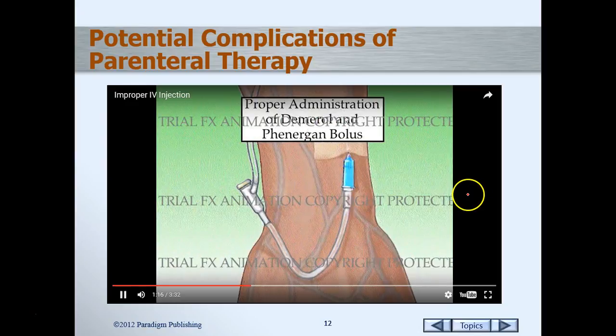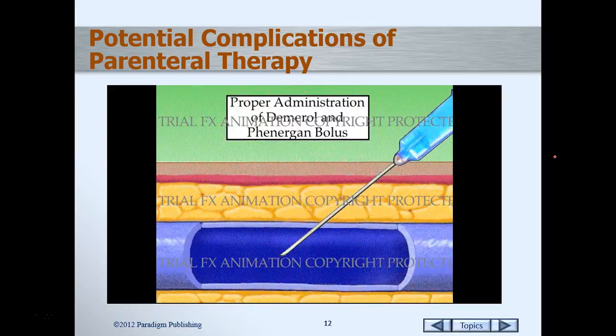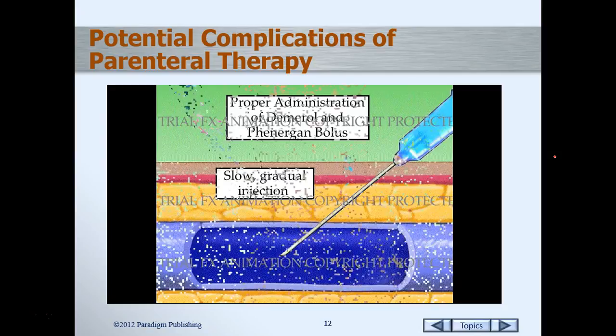They're going to give the illustration of giving a bolus dose using an IV push using a syringe and the effects as administration is done properly. This one is a slow, gradual injection. You see the medicine come out and flow through the vein, and everything stays normal.